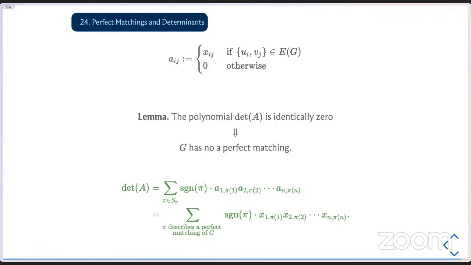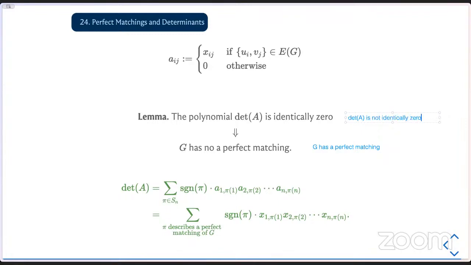On the other hand, I want to say that if the polynomial is identically zero, G has no perfect matching. We can prove this by the contrapositive. So what would the contrapositive be? We want to show P implies Q. The other way of showing that is that not Q implies not P. So if G has a perfect matching, then that determinant is not identically zero.